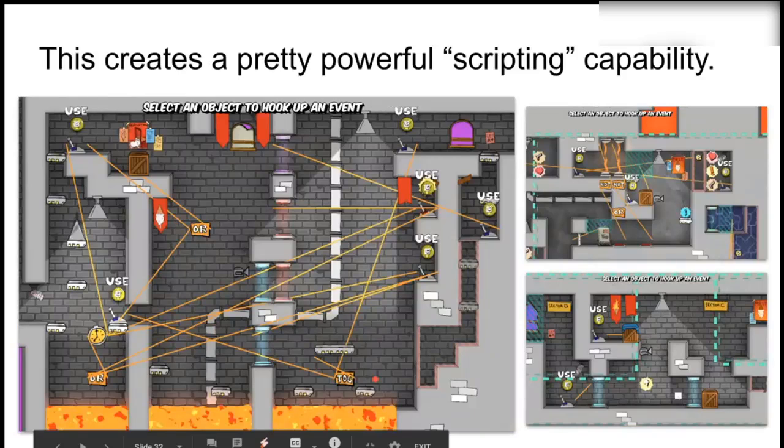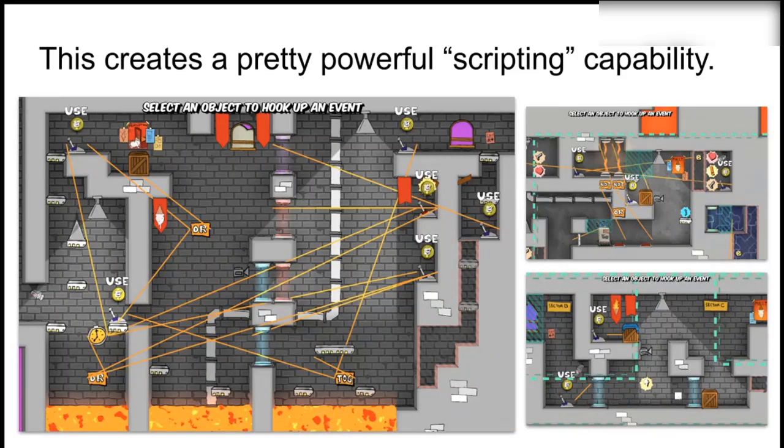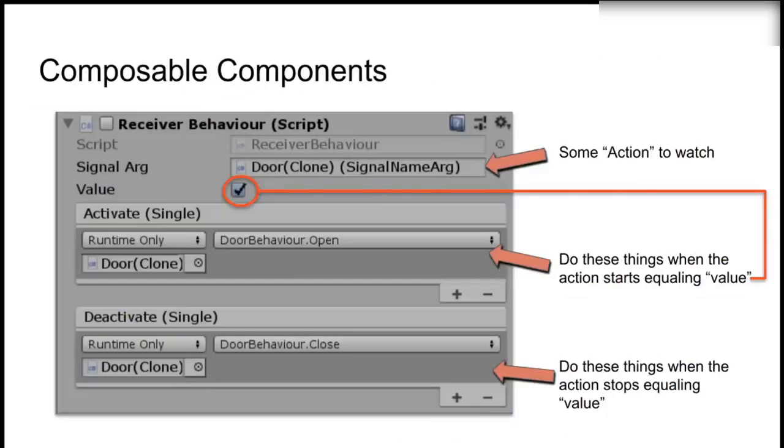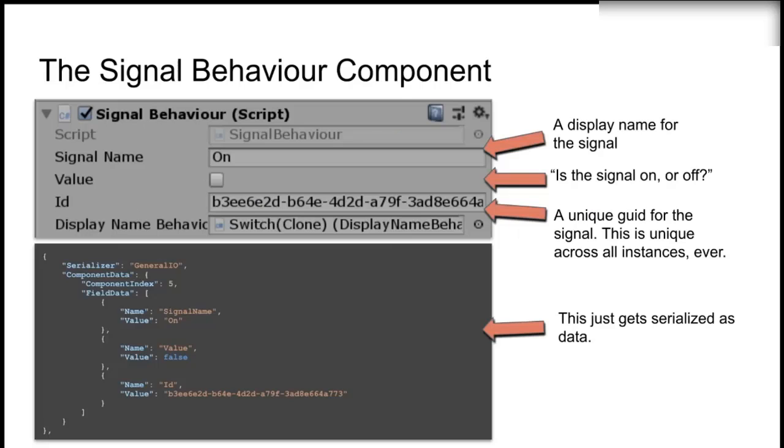Are there any questions about how that works? Cool. One little question: the GUIDs, do you just generate those as soon as the door is created, or whatever object it is? Or are those pulling from game object IDs in Unity?